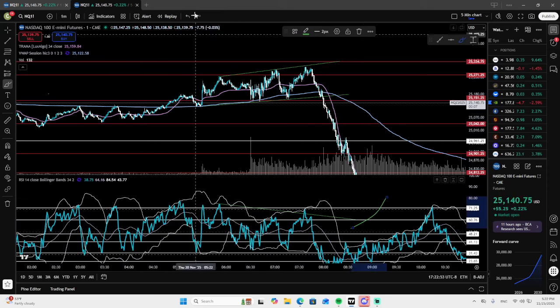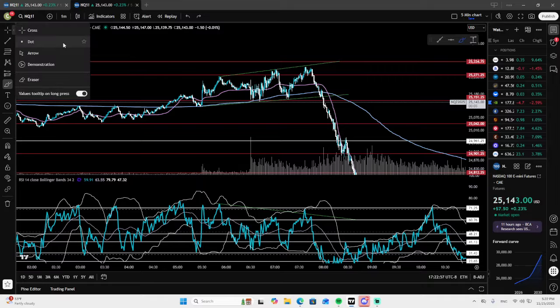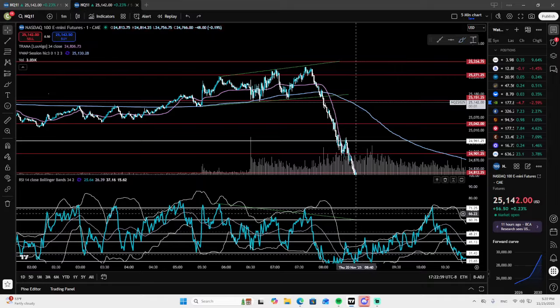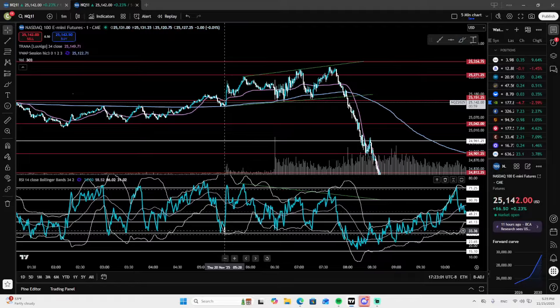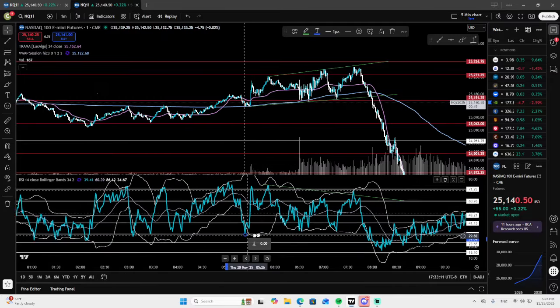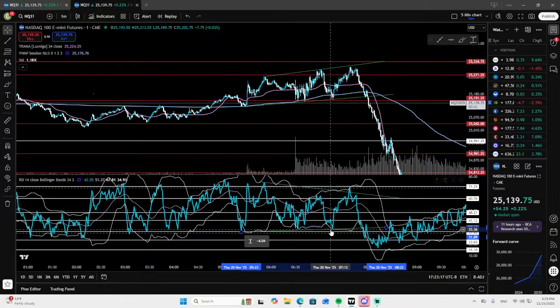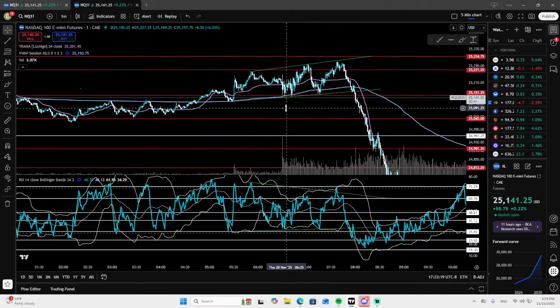If you come over to our RSI, what do you guys notice about these RSI lows? Right? So this is our major bottom divergence on the RSI here.